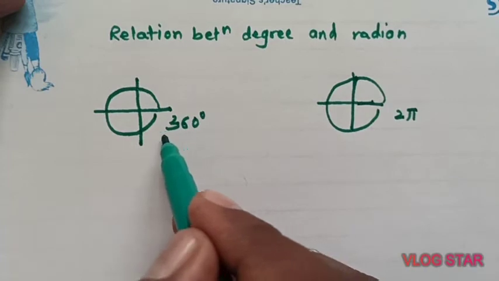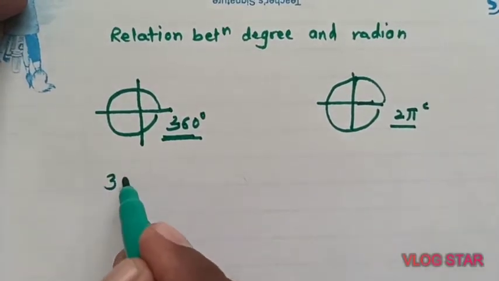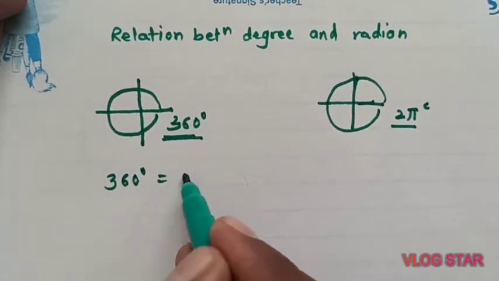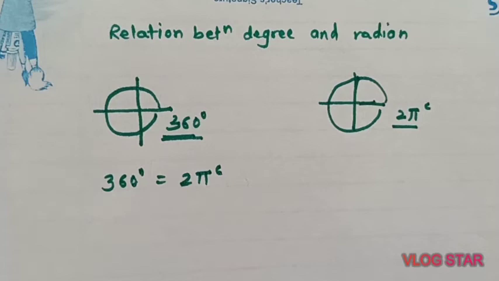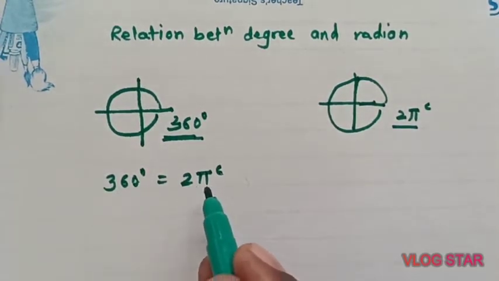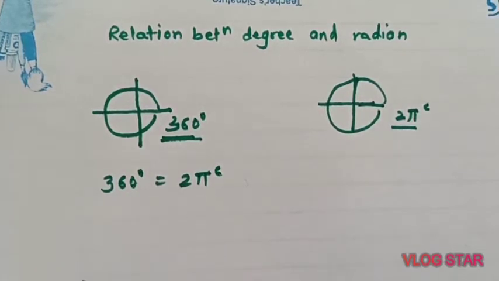So what does it mean? 360 degrees is equivalent to 2 pi radian. Now we'll check if you want to convert degree to radian or radian to degree. So this equivalence factor is very important.